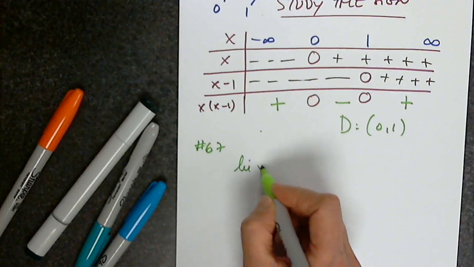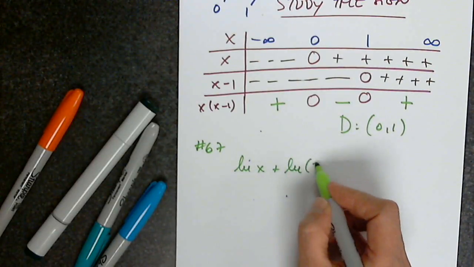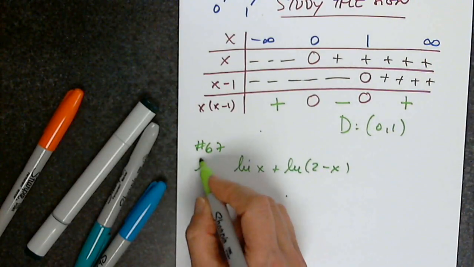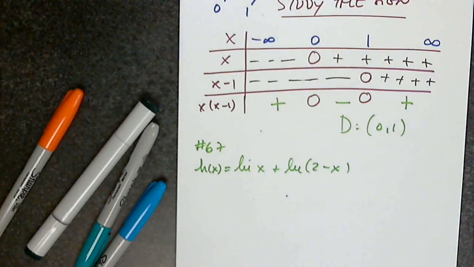67. Natural log x plus natural log 2 minus x. Okay, this is very similar to something we did in chapter 2, in which we said, I want to add two functions. If they don't have a certain kind of domain, I won't be able to. What word am I looking for?